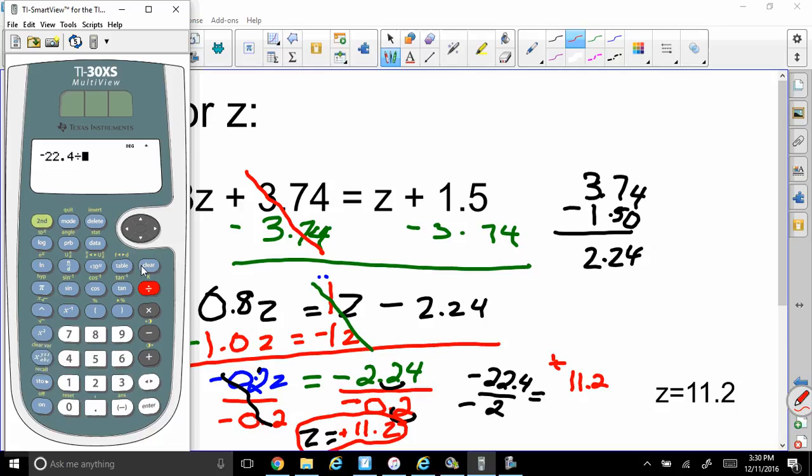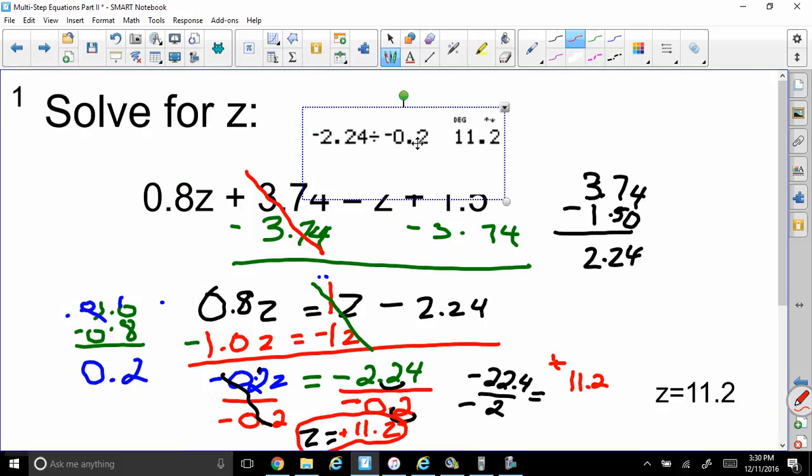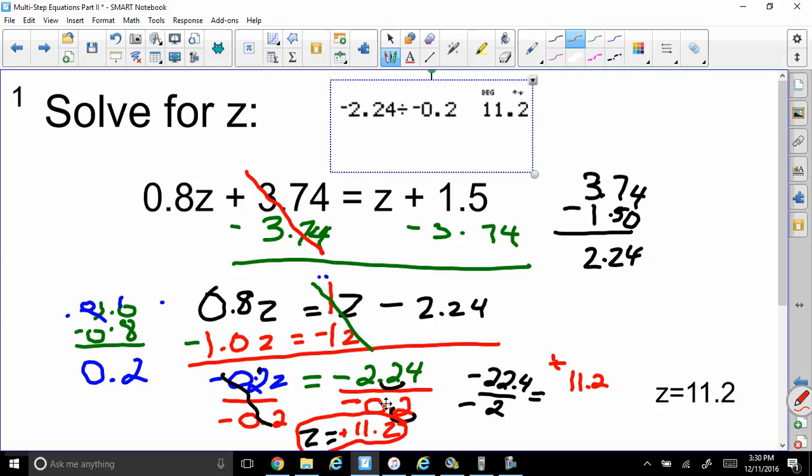Negative 2.24, and I'm going to divide that by negative 0.2. That way you can see that before I did the conversion, it would come out the same. So it's really the same thing. The only thing is you're not allowed to divide by a decimal, so you should always change that to divide by a whole number. Okay, we got the same answer. I hope you got 11.2 for z.